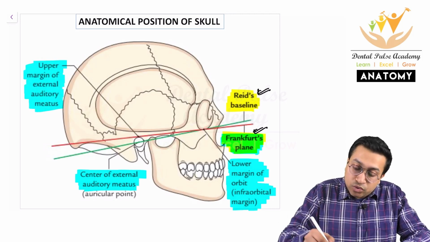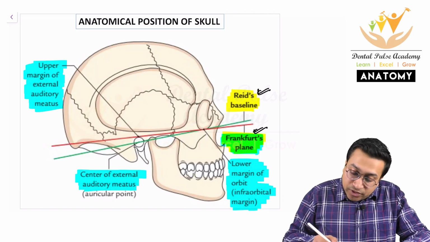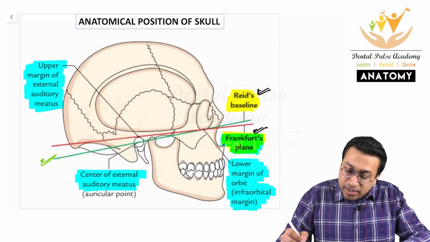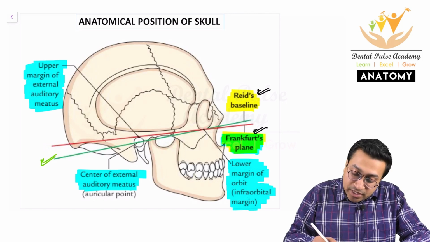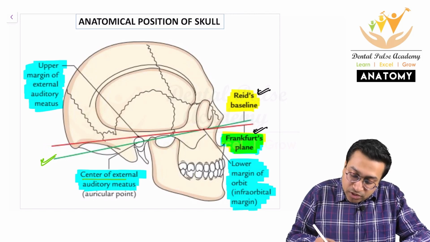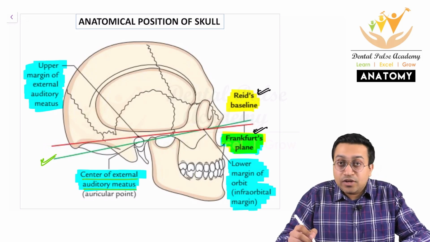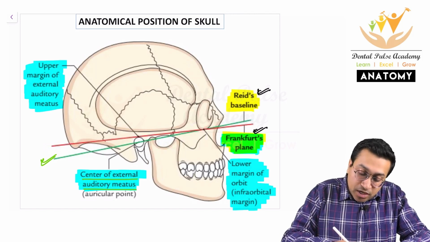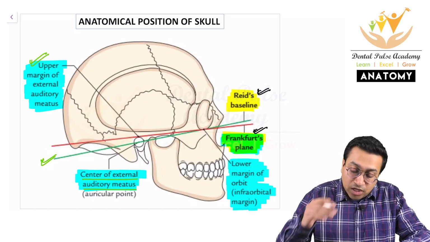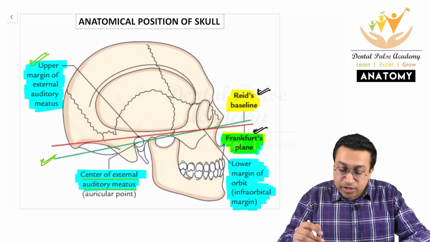The green line here is the Reid's baseline. Reid's baseline is passing through the center of the external auditory meatus, whereas the Frankfurt's plane is passing at the upper margin of the external auditory meatus.